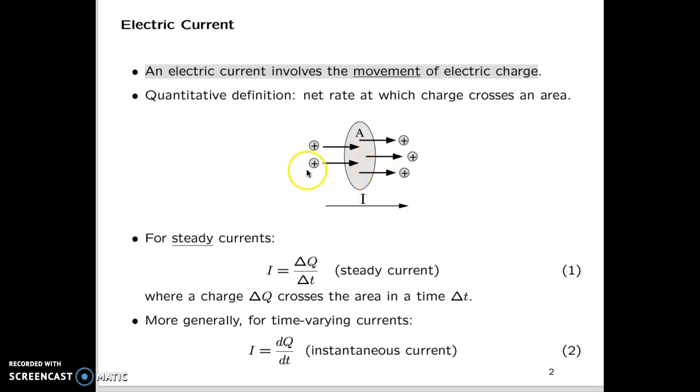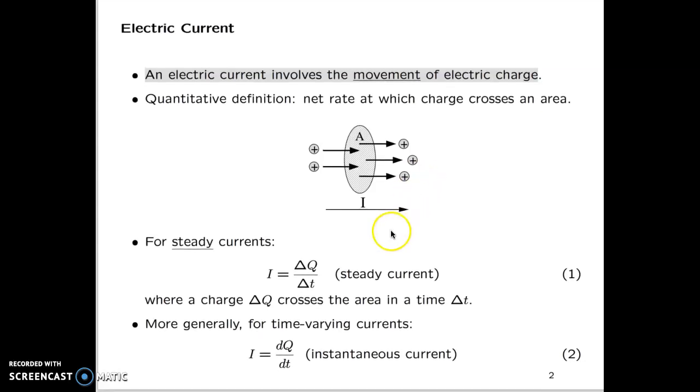What we're going to do is just count the amount of charge that crosses through that imaginary surface over a certain amount of time. So let's say that we have some amount of charge, I'll call it delta Q, that passes through this surface over some time, I'll call it delta T.